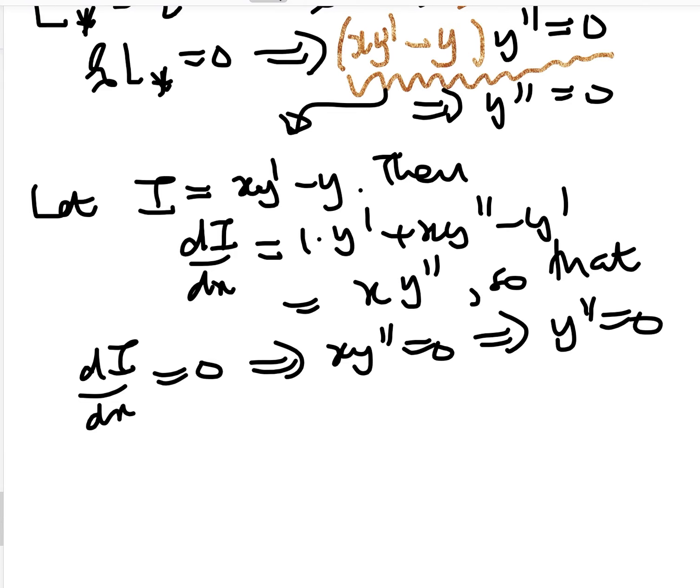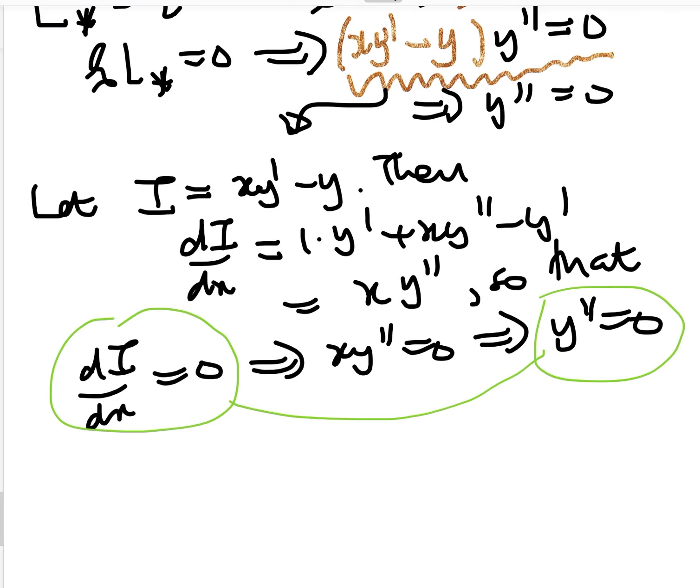And you may recall that if we have a non-trivial function I, for which dI/dx equal to 0 gives you an equation, then the function I is a first integral of the differential equation.